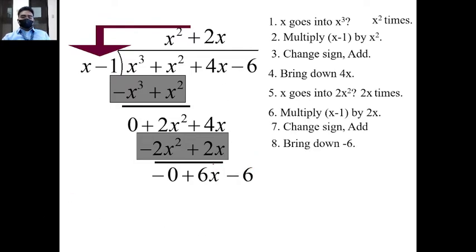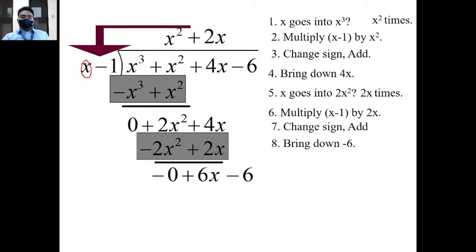Now, the terms that you have are 6x minus 6. Correct? Alright, so this is our new dividend. And you are going to divide x minus 1 into your 6x minus 6. And with that, what will be your quotient? 6x minus x, they have the same degree, isn't it?